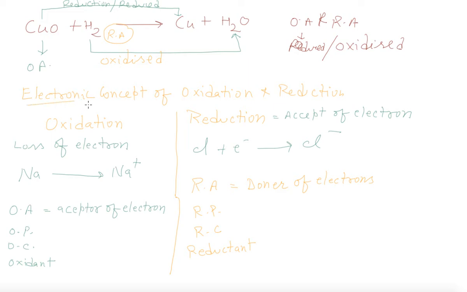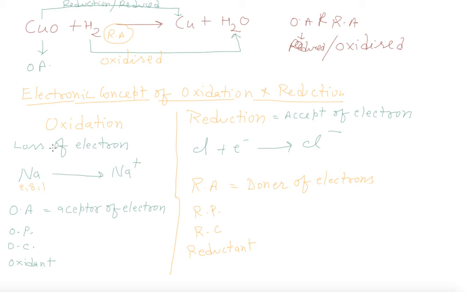Now this is running, and actually both are matching also. Oxidation is loss of electron. Sodium has 2,8,1, it loses one electron and gets positively charged, and oxidation takes place.